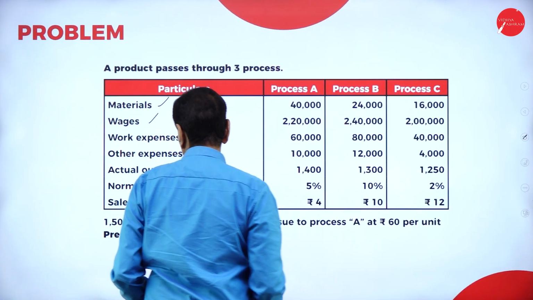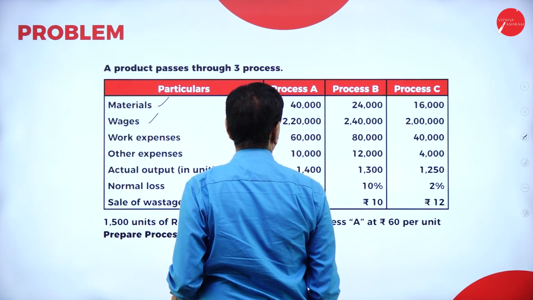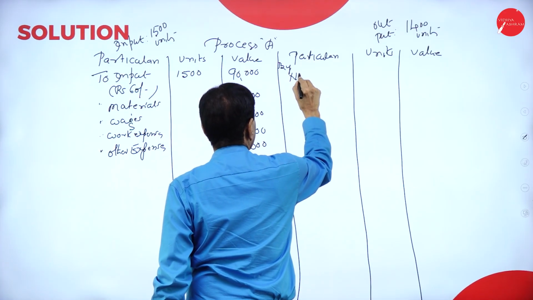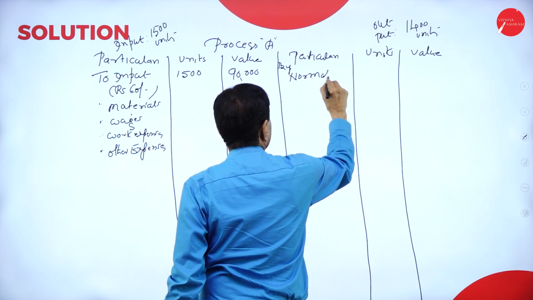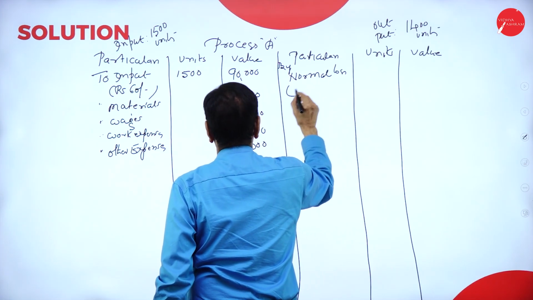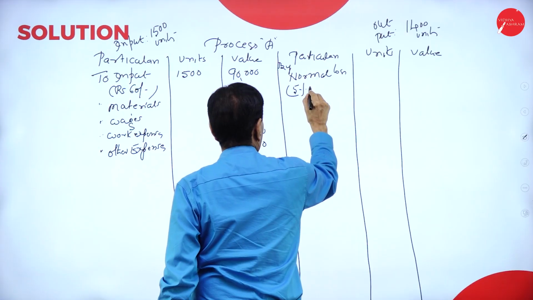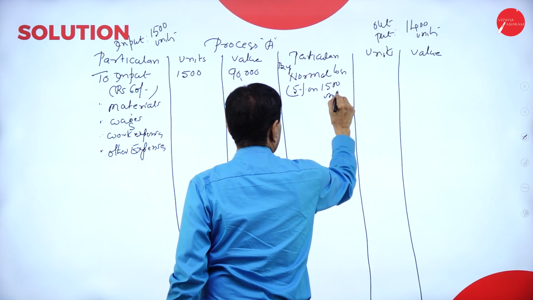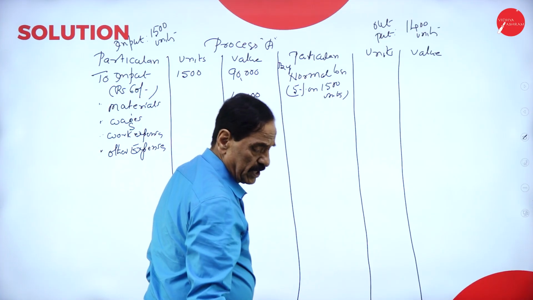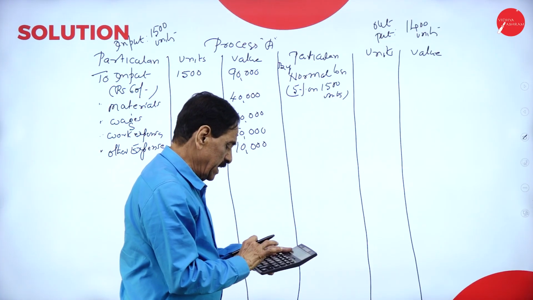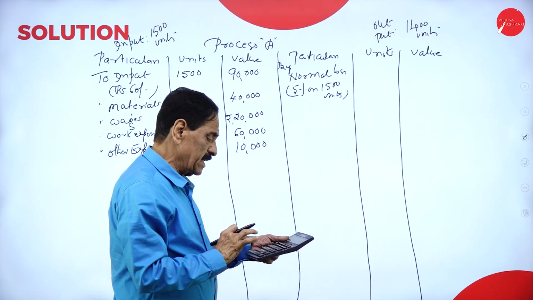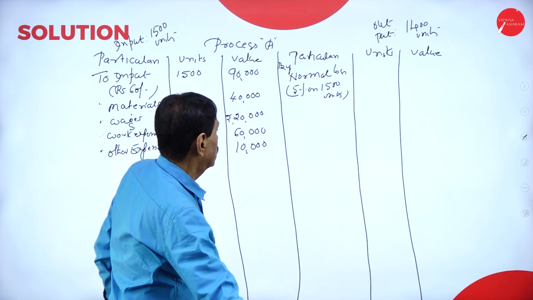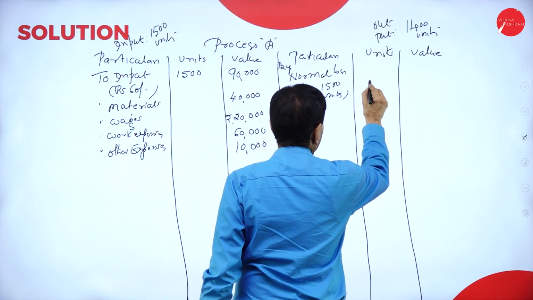Come back. What's the normal loss? Normal loss is 5% on 1500 units. 1500 into 5 divided by 100 is equal to 75 units loss.